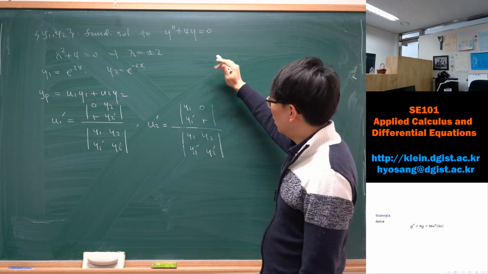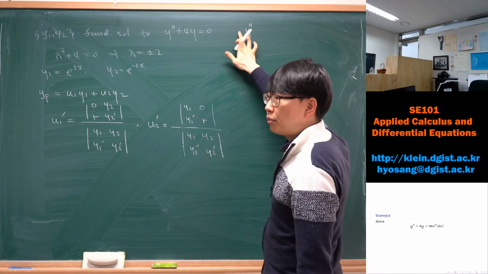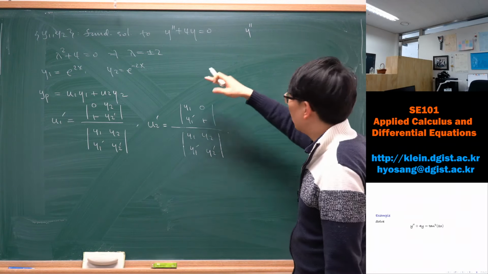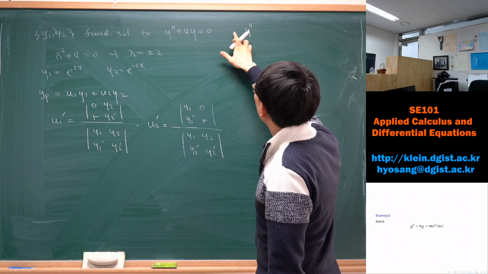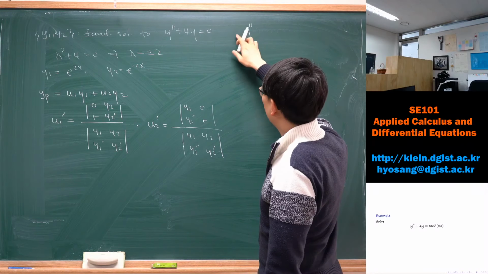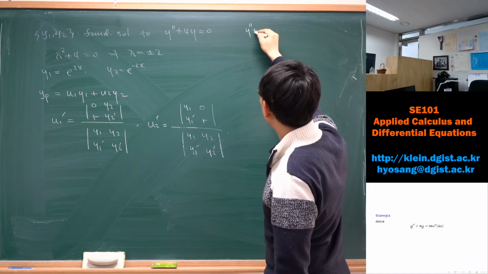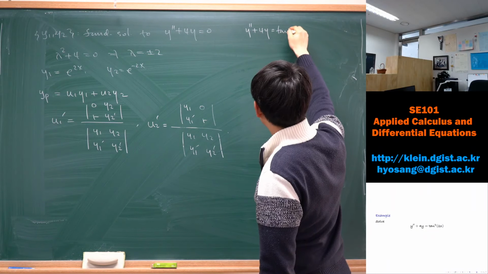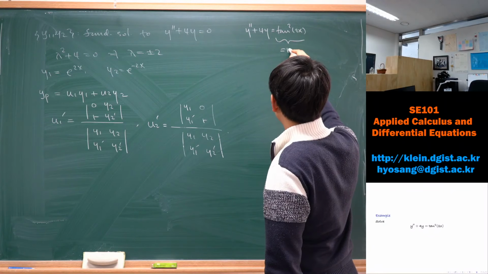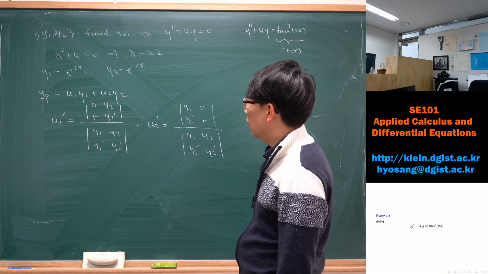In our example, it was already set that the coefficient of y double prime is equal to 1. But when you try to find r, if the coefficient of y double prime is not equal to 1, you have to divide both sides by that coefficient so that it becomes 1. Here it's already 1, so this is our r of x.